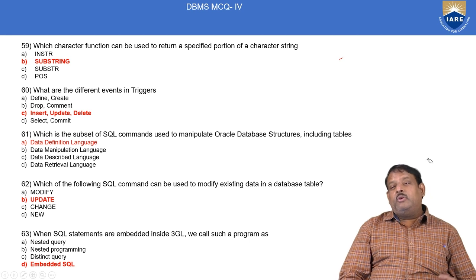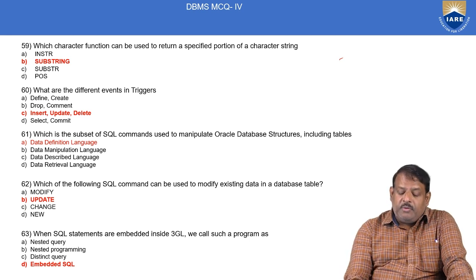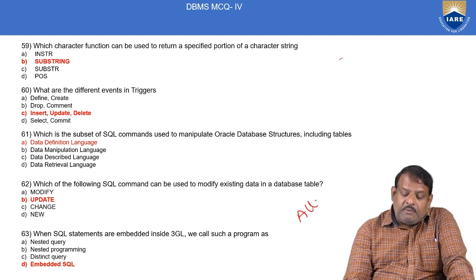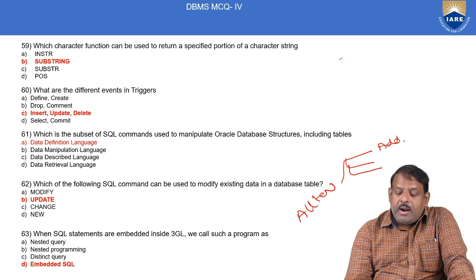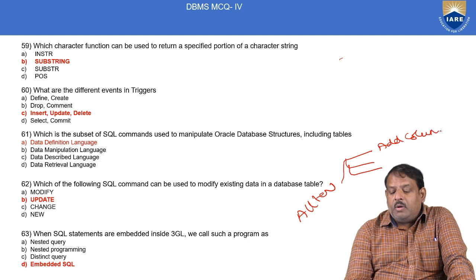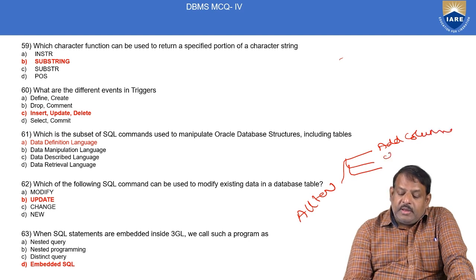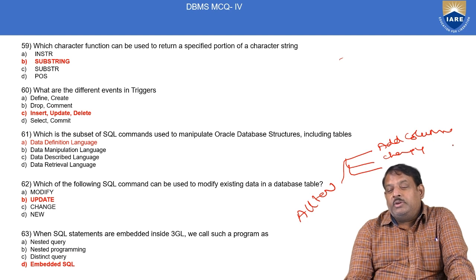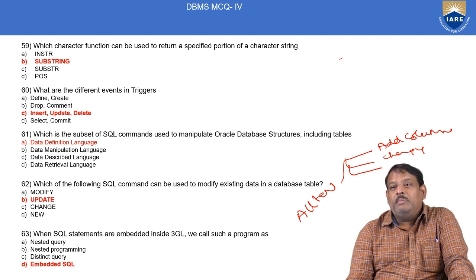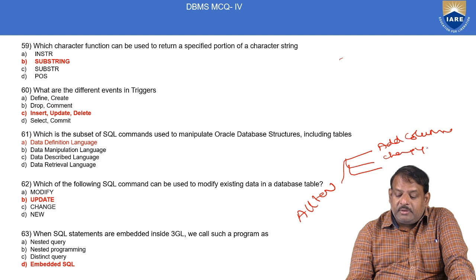Suppose you want to update the structure, then you have to go for alter. For updating the structure of the table, you have to use alter. Again, alter is of three types. We can alter a table by adding a new column, or changing an existing column. For example, you initially made it varchar 10, and now you want to make it 25.